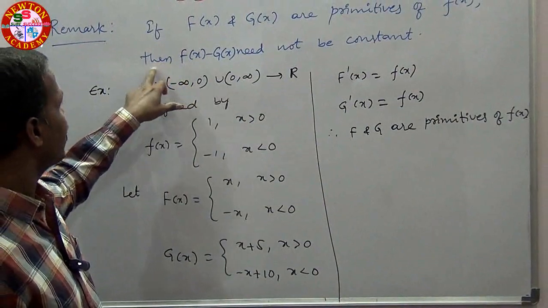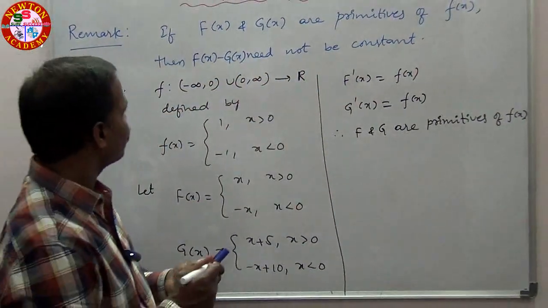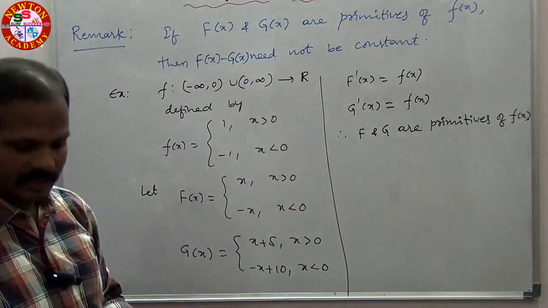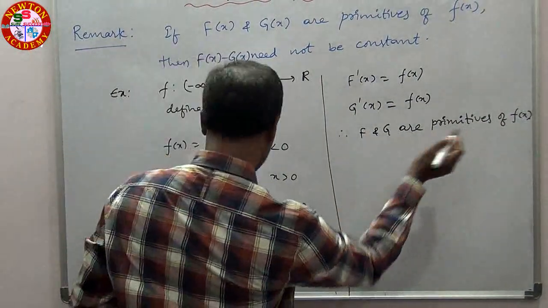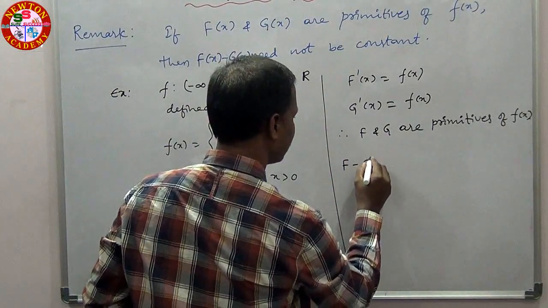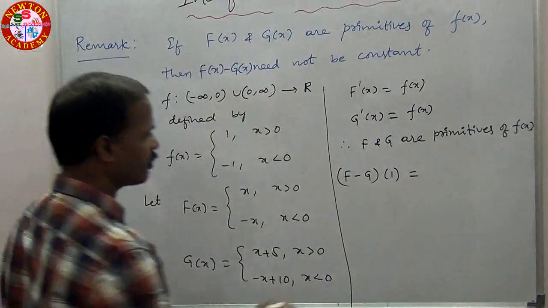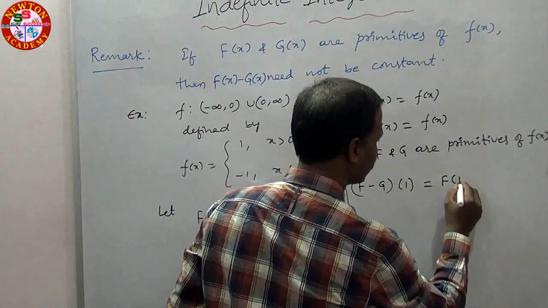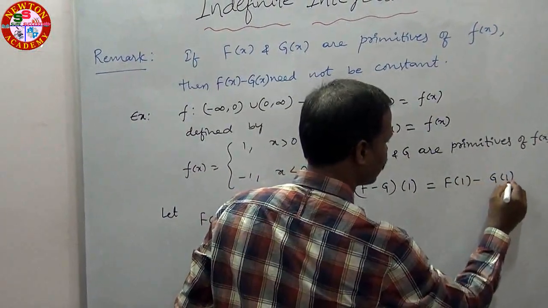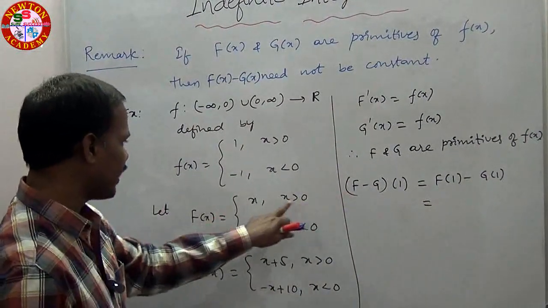Now what is the statement? Then F minus G need not be a constant. We will check whether F minus G is constant or not. Calculate (F minus G) of 1, which is F of 1 minus G of 1. F of 1 is 1, since x is greater than 0.